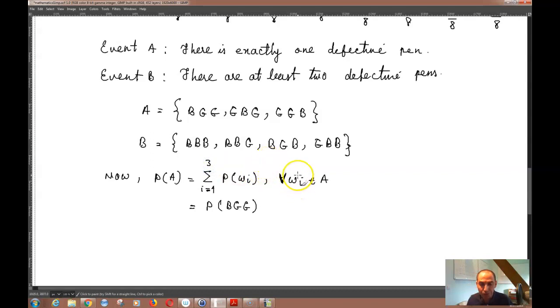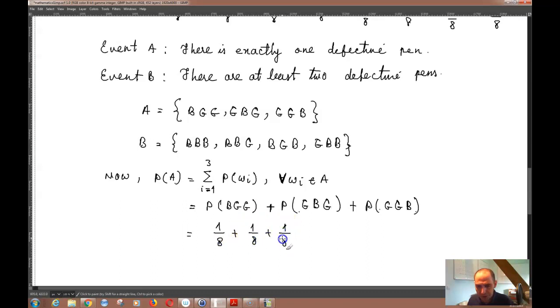That means you get P of BGG plus P of GBG plus P of GGB, which is equal to 1/8 plus 1/8 plus 1/8, which is equal to 3/8.